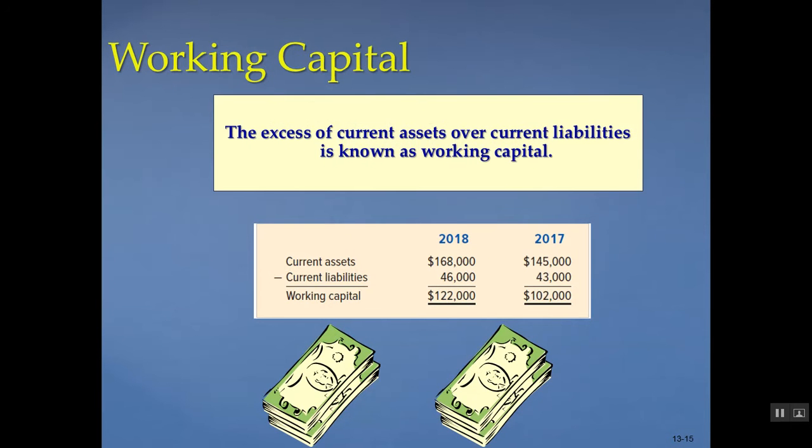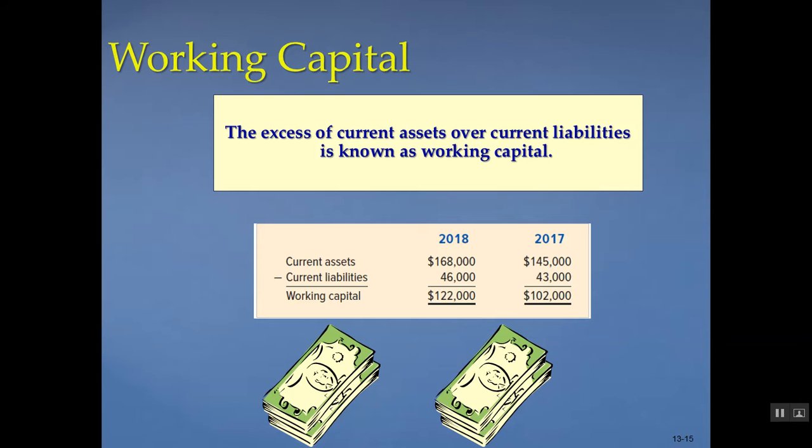Working capital is looking at our current assets minus our current liabilities. Current assets include assets most likely to be converted into cash in the current operating period, so looking at a 12-month period. Current liabilities represent debts that must be satisfied in the current period. Working capital, therefore, measures the excess funds that the company will have available for operations, excluding any new funds it generates during the year.